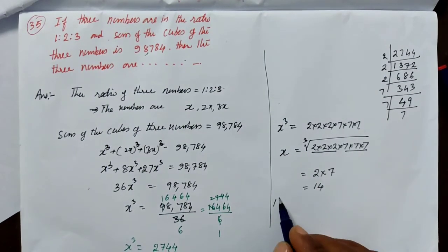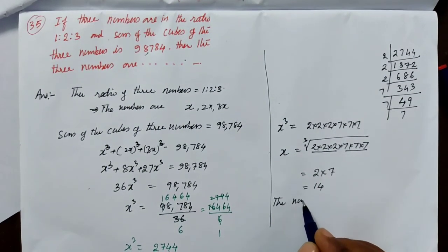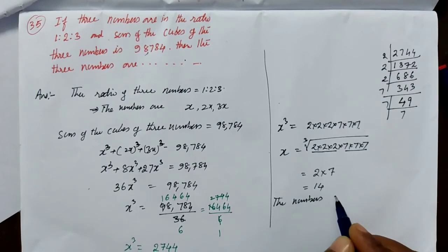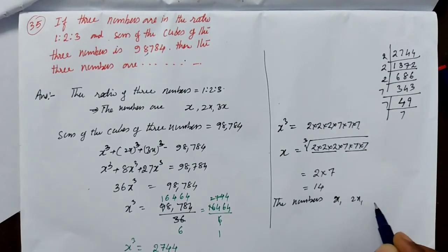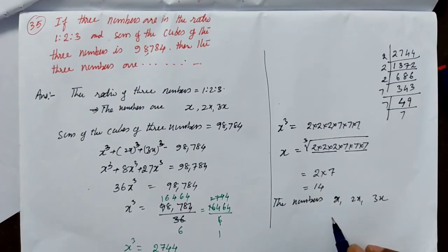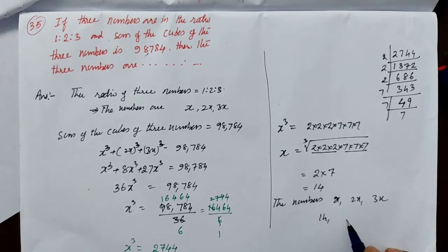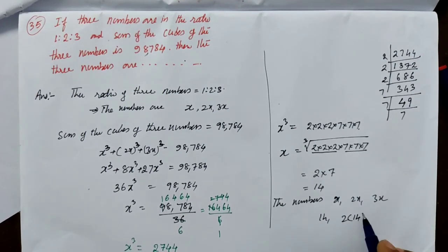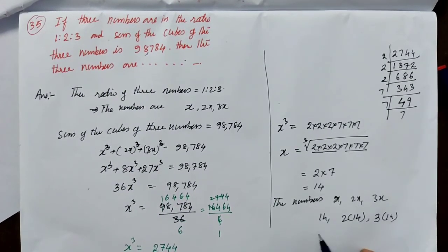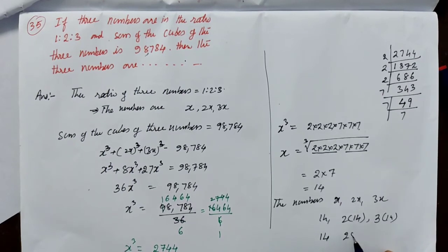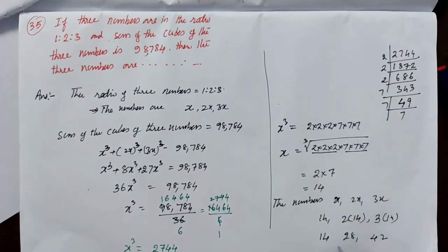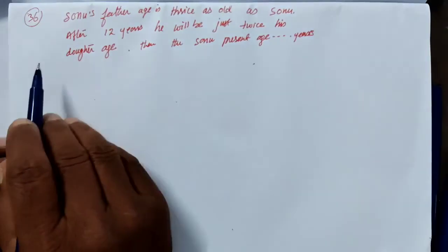So the numbers are x, 2x, 3x. So x is 14, 2x means 2 into 14, and 3x means 3 into 14, which gives 14, 28 and 42. So these are the numbers.